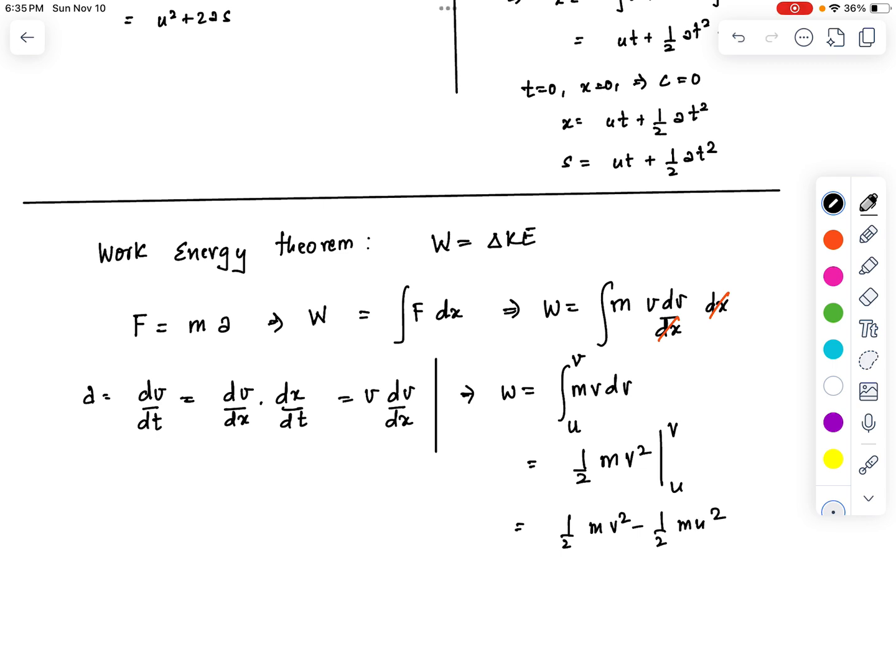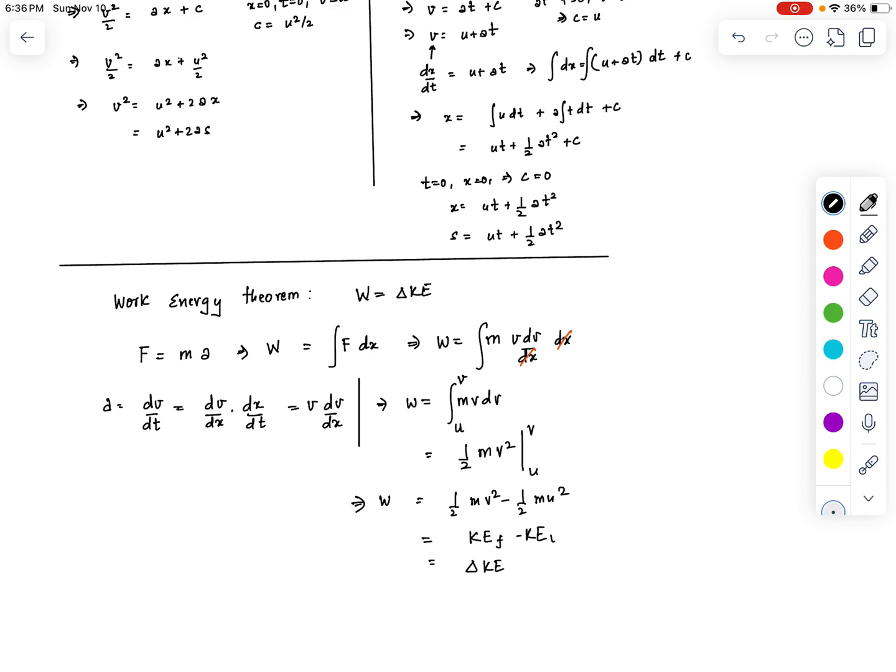So that's the work done. Okay, and we see that this is the kinetic energy in the end state, and this is the kinetic energy in the initial state. So this is nothing but delta KE. Okay, so the work done is equal to the change in kinetic energy. So we know that.